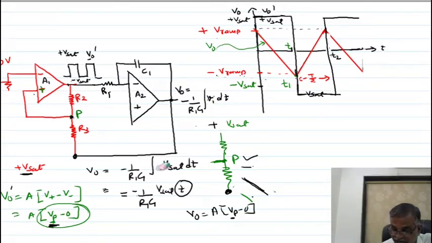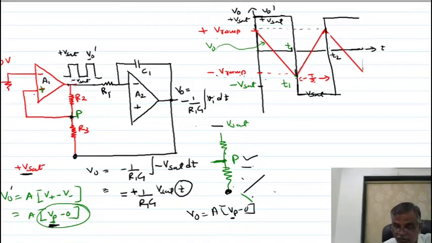As the output is negative, my output is a positive ramp. So I get a positive ramp voltage, and the potential at this point is changing.